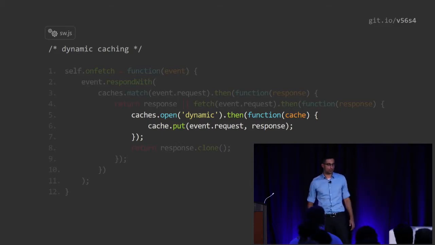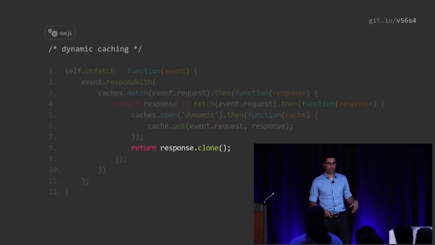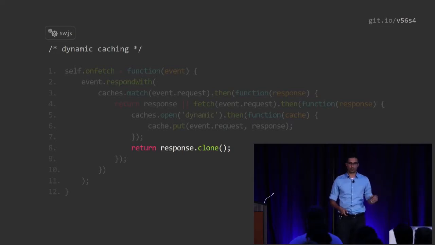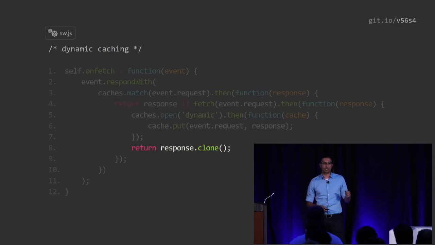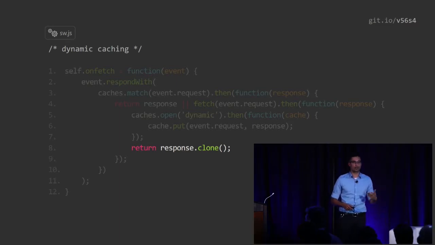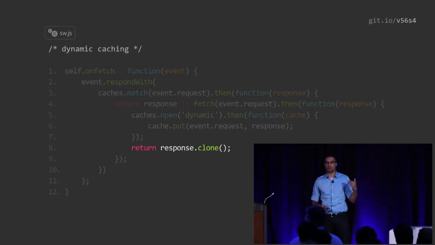And then we're going to take what we just got back from the request back to the page as well. And here we're going to use response.clone because once a response has been consumed, because it's a stream, we have to clone it so that we can still use it for another purpose, because we just used it before to put it in the cache.